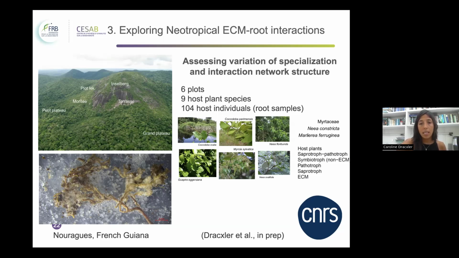In these areas we have nine plant hosts, nine plant species that we show here. For these plants, the roots were collected from 104 individual plants, and from these root samples, we identified their associated ectomycorrhizal fungi.